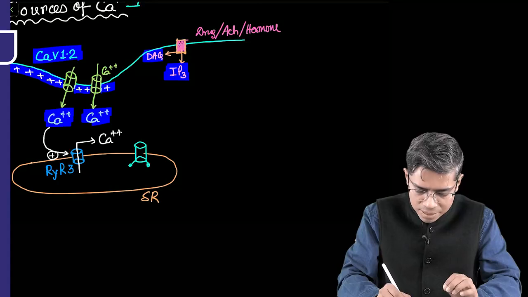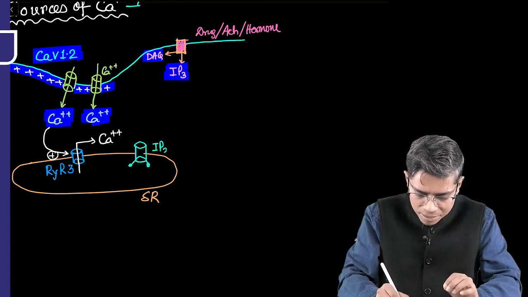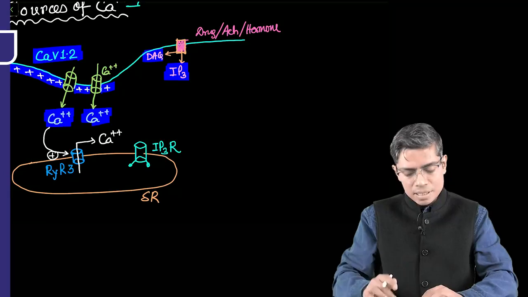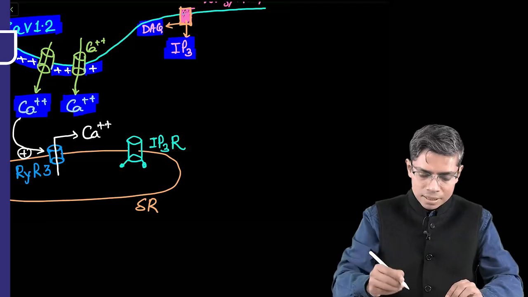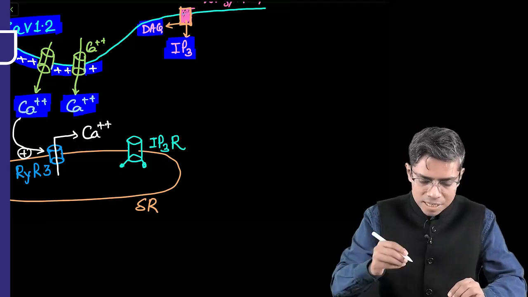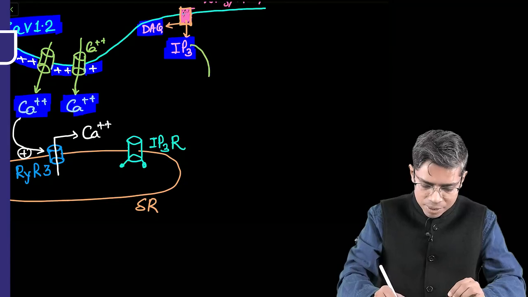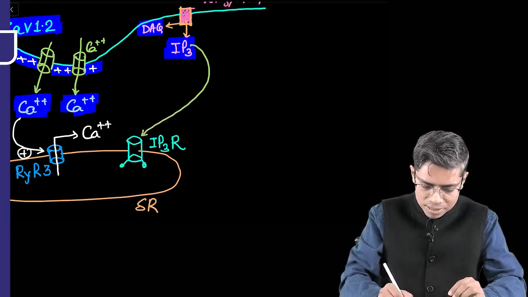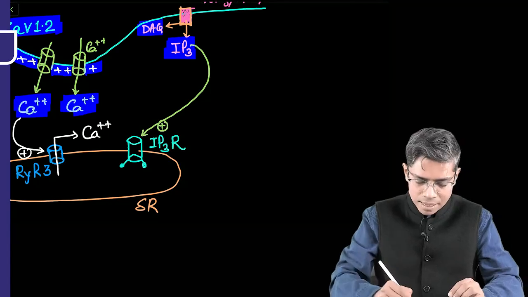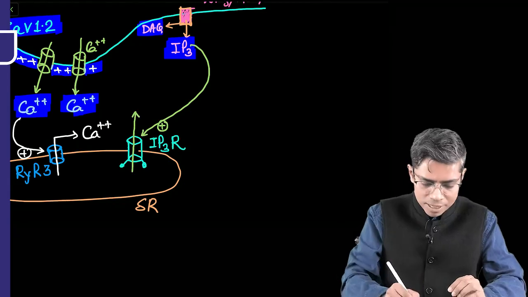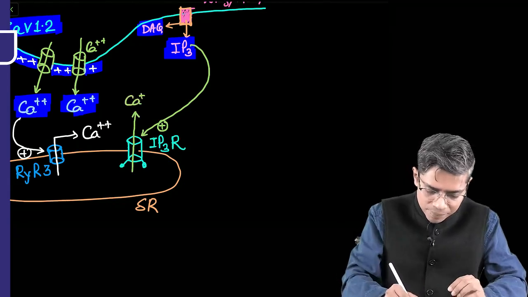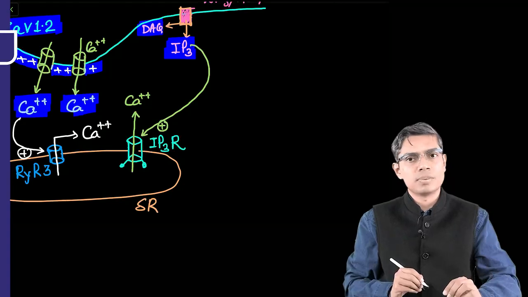This is the IP3 receptor. This receptor itself is a channel. So whenever IP3 is produced inside the cell, it is going to stimulate this receptor, and because of this stimulation, the channel will open up and further calcium will enter the cytoplasm.